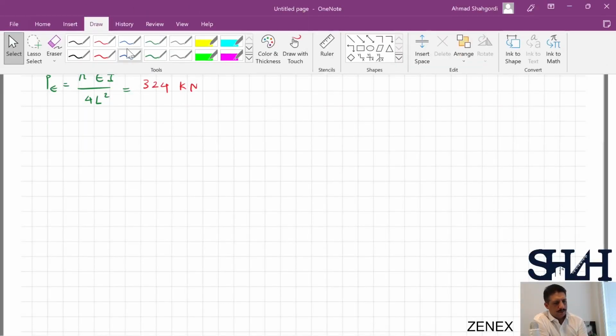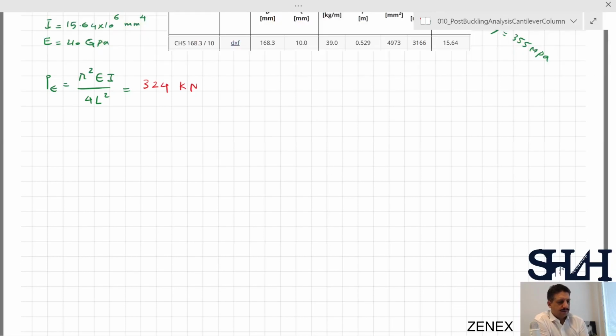Now, it should be noted that sigma at Euler will be PE divided by A, which is 324 kilonewton divided by the area, which is 4973 square millimeter. So it will be 324 over 4973, and it's only 65 megapascal.